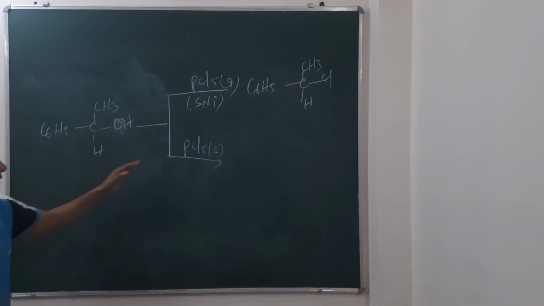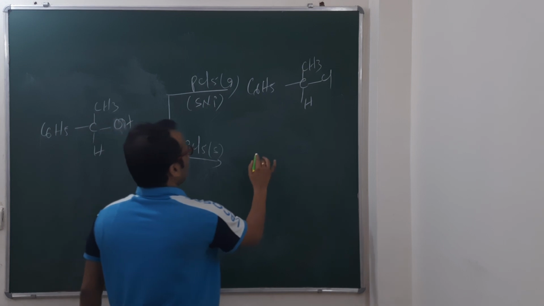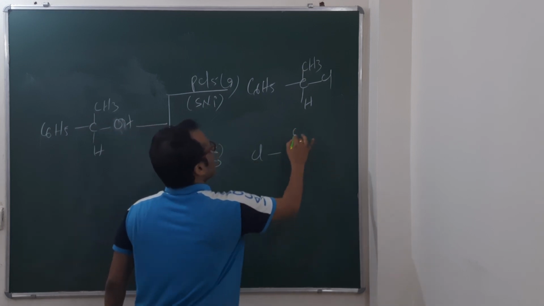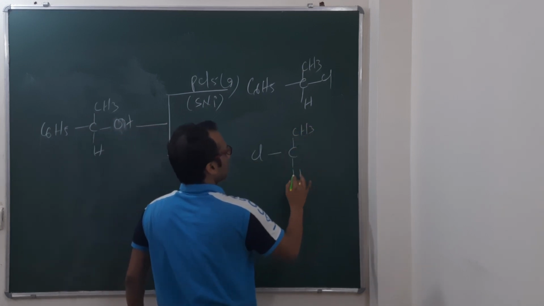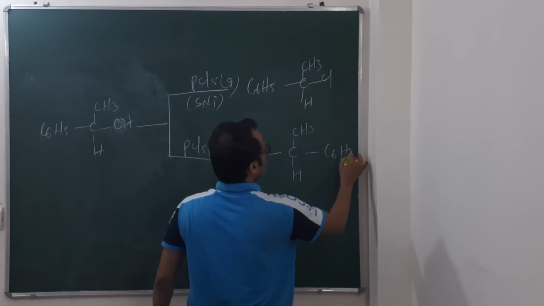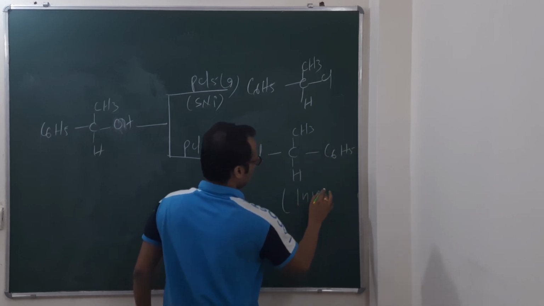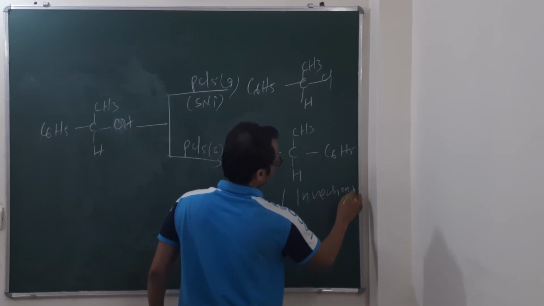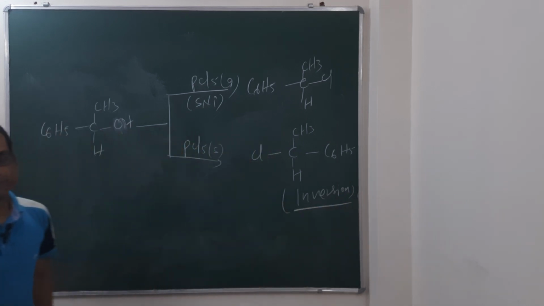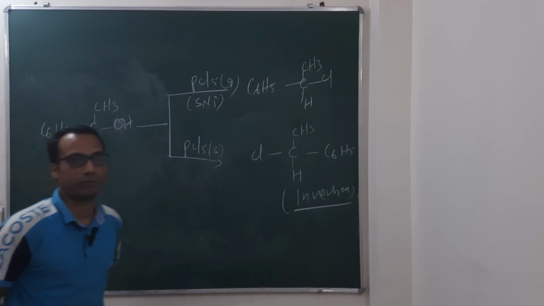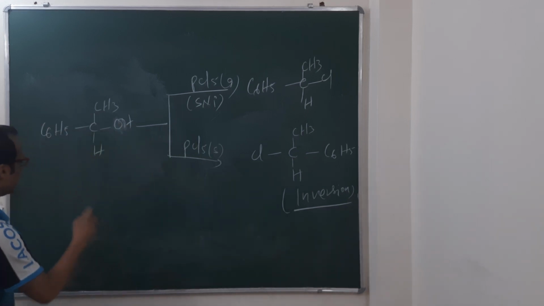And second, PCl5 gas we have taken, so directly inversion will form. So what happens? Cl, C, CH3, H, and C6H5. That means inversion will form. Correct? So what product will form? Inversion will form. Next question we understand.